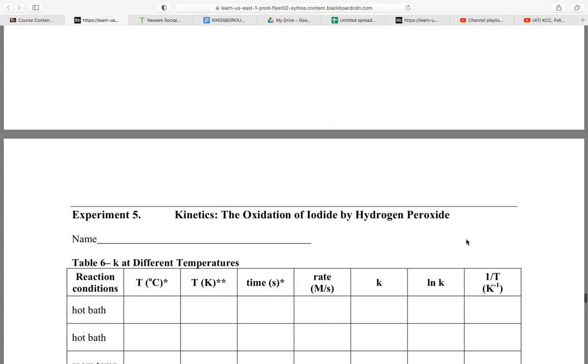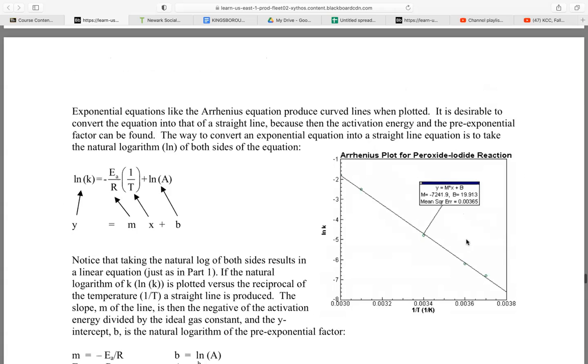Then you just have the computer do the work. You do a scatter plot of those 5 points and get the line of best fit, the trend line. We always called it line of best fit, but the software calls it a trend line. And then you can calculate your activation energy from that slope.